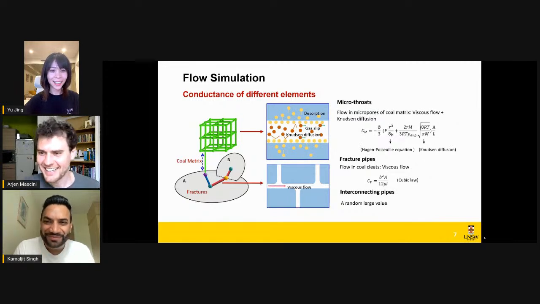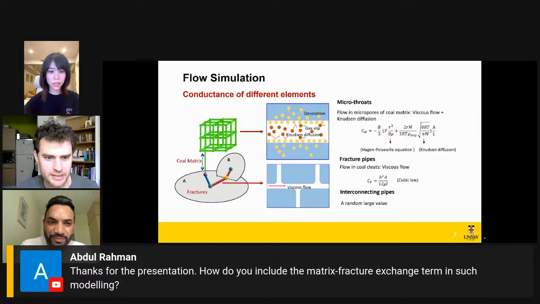That's very good. In the meantime, we got a question from the audience. It's Abdul Rahman. Thank you for your presentation. He wants to ask, how do you include the matrix fracture exchange term in such modeling?